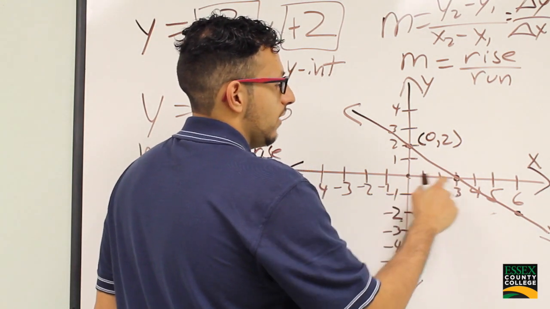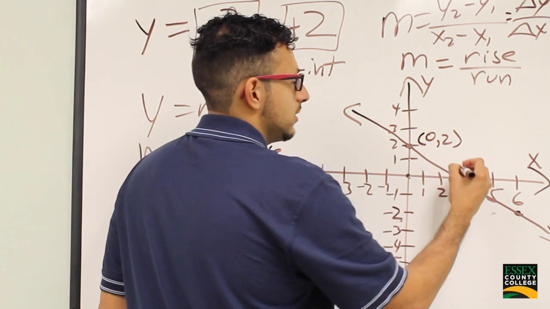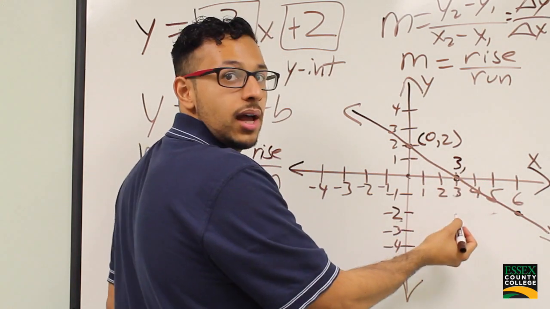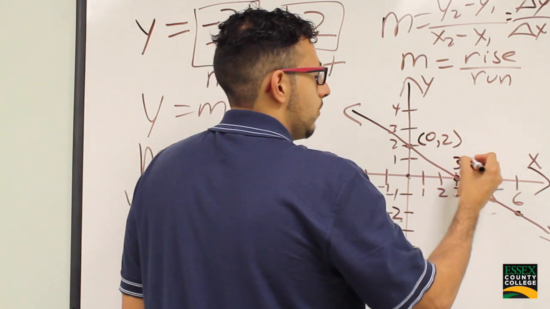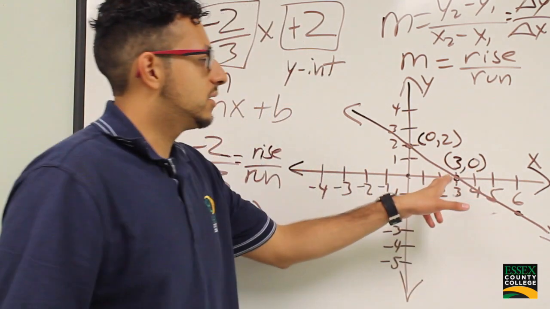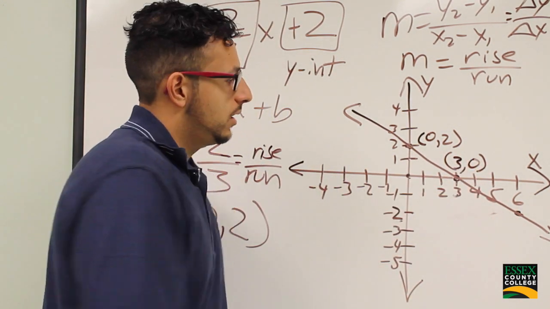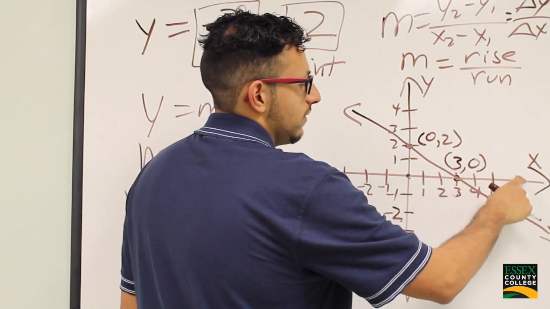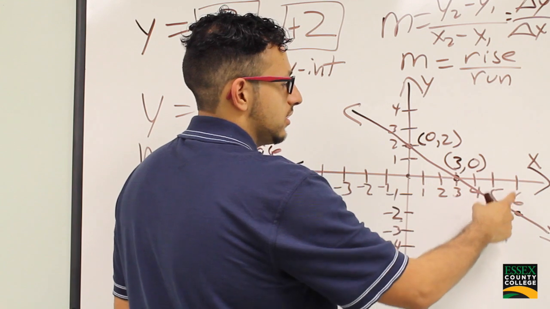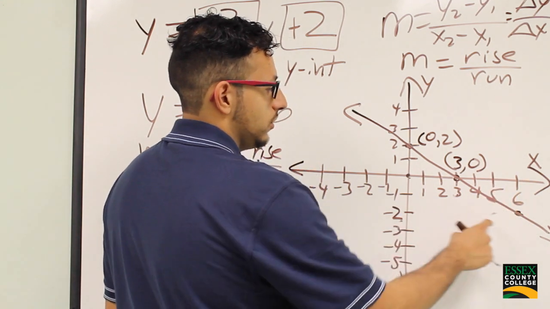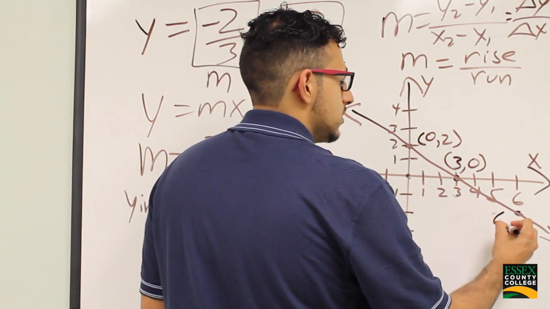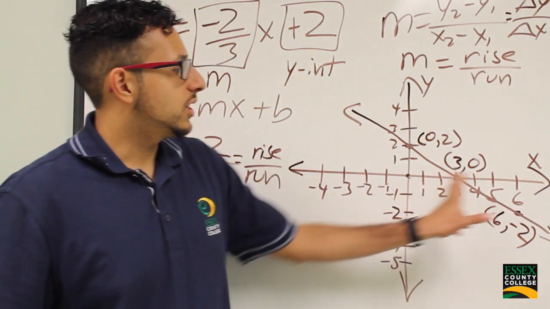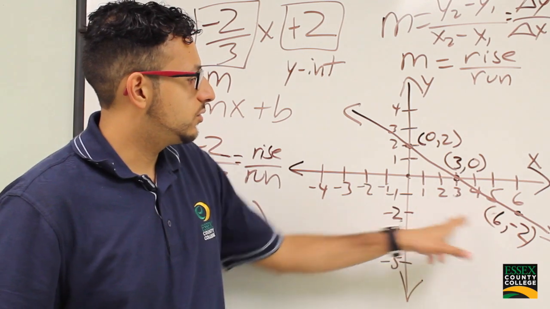This point: 1, 2, 3 is our x, and it stays on the x-axis, it doesn't go up or down, so the y is 0. So this point is (3, 0). For the next point, we count x first: 1, 2, 3, 4, 5, 6, and then down 2, so negative 2. So this point is (6, -2).